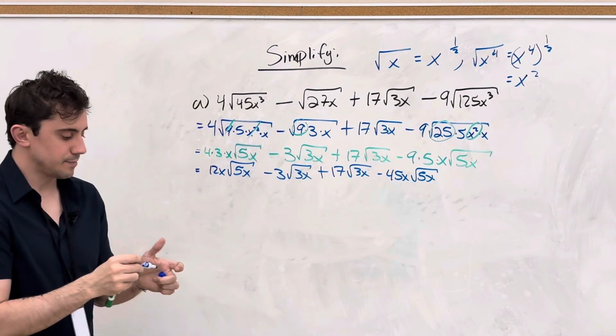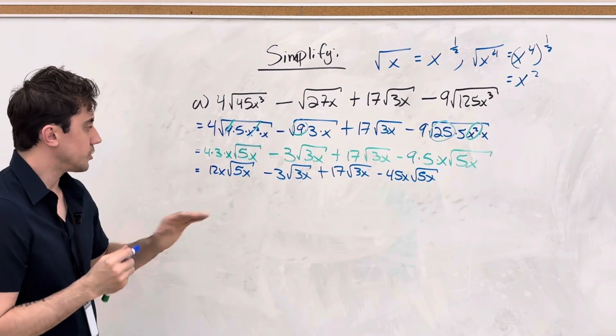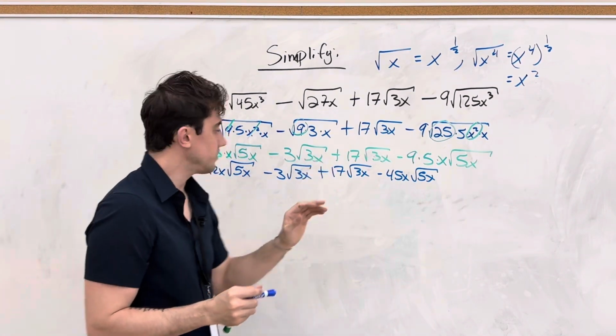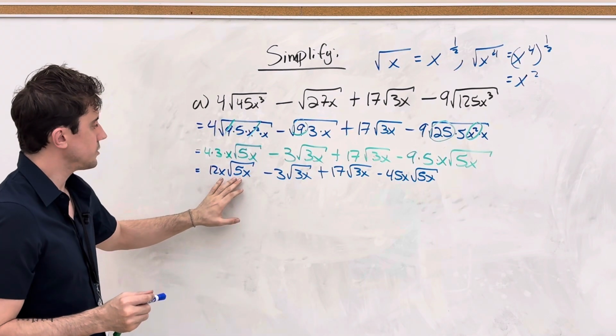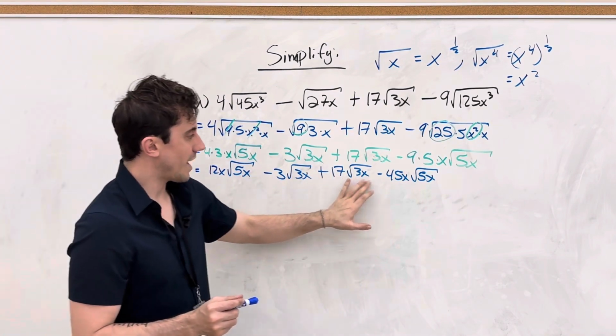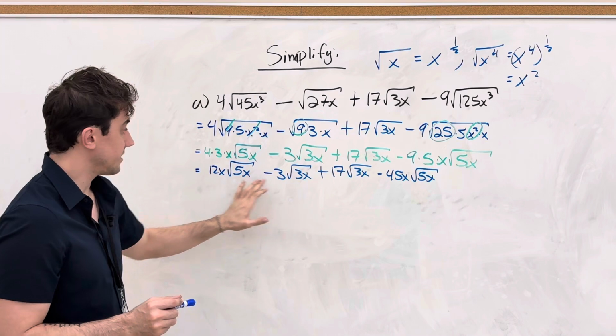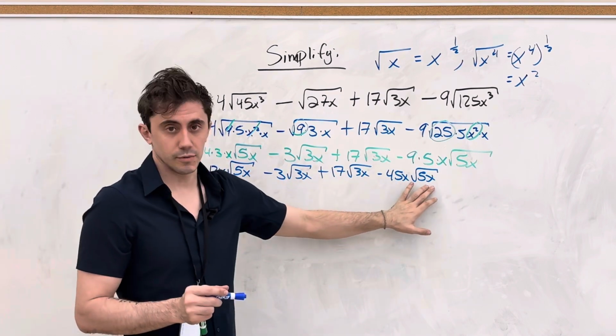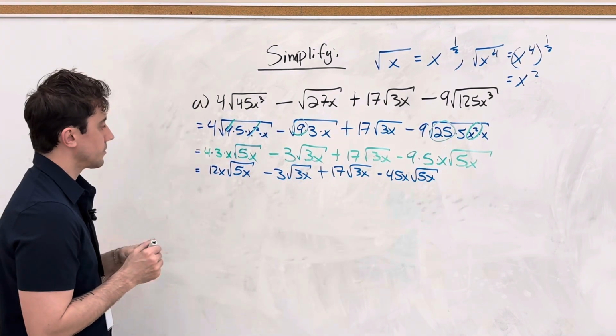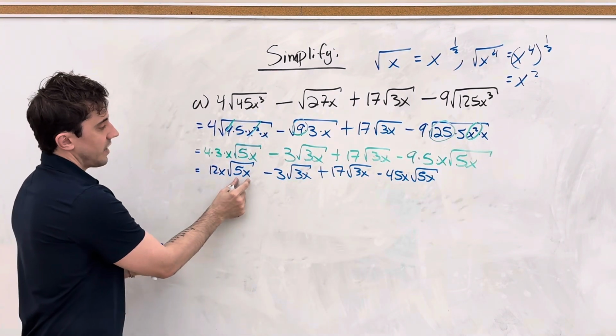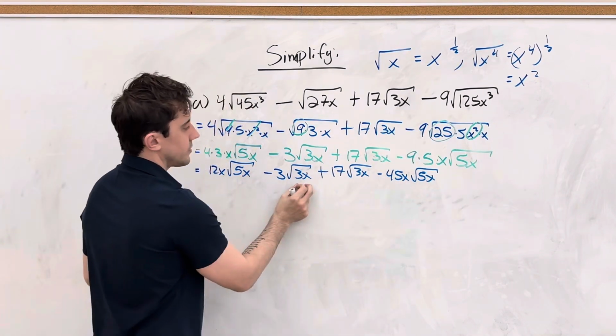And now we can simplify this a little bit more by grouping like terms, like radicals, and that means specifically radicals with the exact same radicand, meaning the exact same thing underneath the root symbol. And so you'll see rather quickly that you have 5x's and 5x's and 3x's and 3x's.